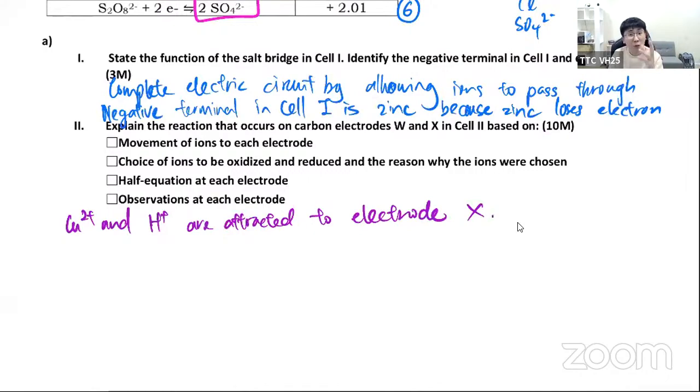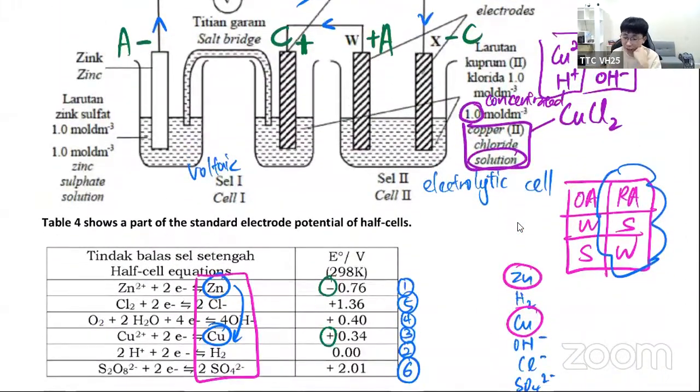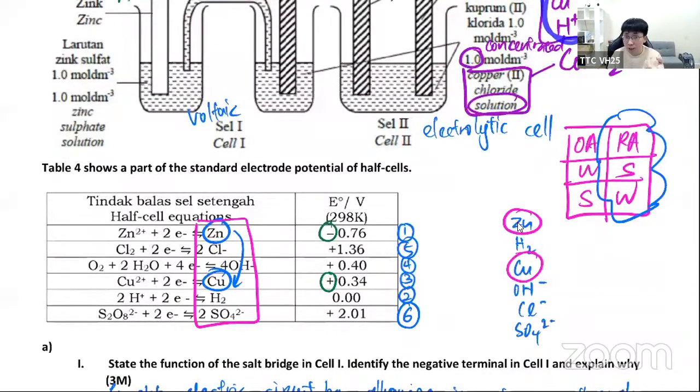Okay, but then who do we choose? Do we choose the Cu2+ or the H+? Very simple. Since it's a selection between these two, you go to your series, the table. You see, Cu is supposed to be here and here. What we actually check from here is that Cu is supposed to be the lower one, because we are technically taking this and this, but the one in the table is not arranged accordingly.